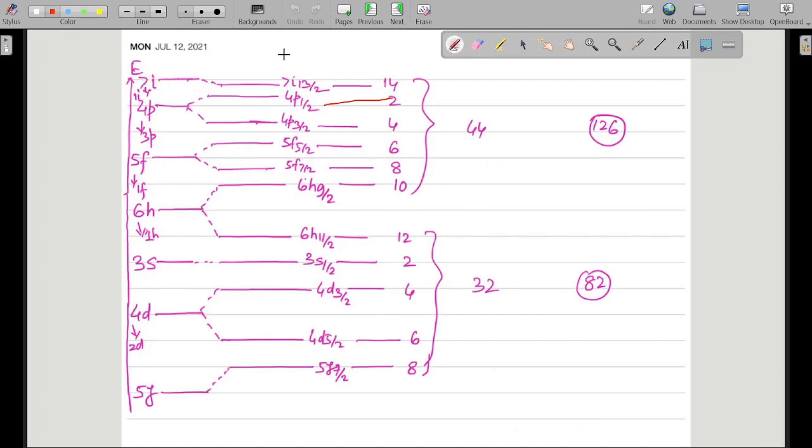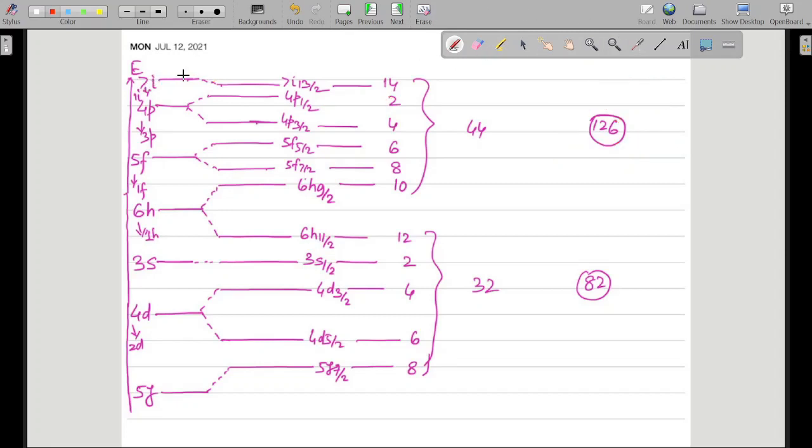Now for I, what is the value of L? S, P, D, F, G, H, I. So 0, 1, 2, 3, 4, 5, 6. So L equal to 6 for 7I.